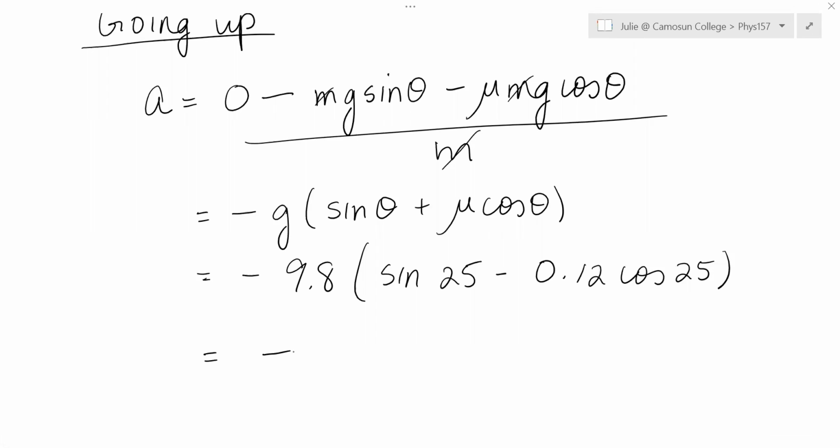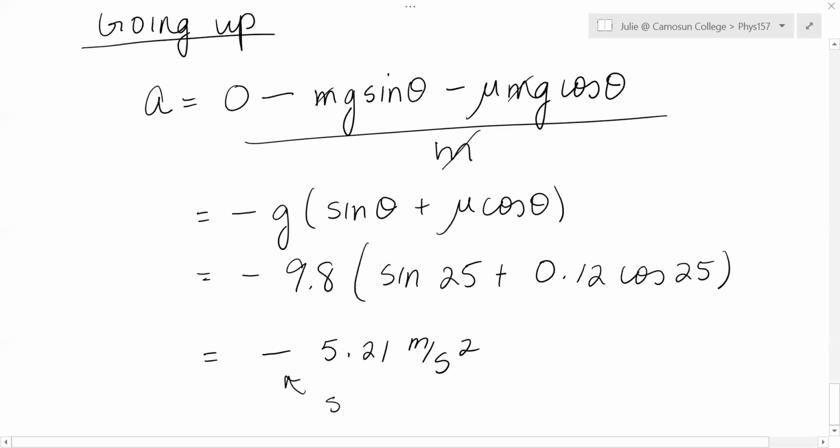Careful, this is a plus. Okay, so you better check this out, but I get a number of 5.21 meters per second squared. Okay, and this is because it's slowing down on the way up. Not with negative 9.8 because it's not free fall, it's on this incline. So slowing down on way up.